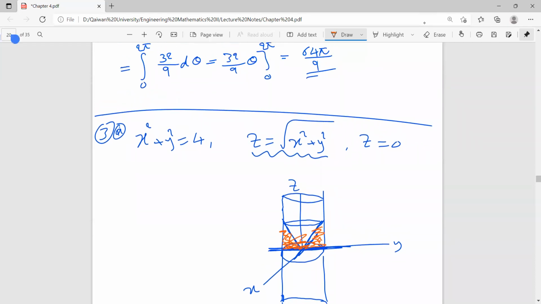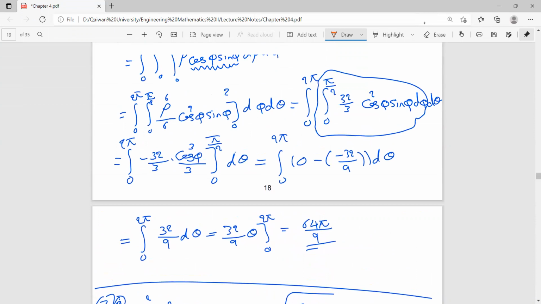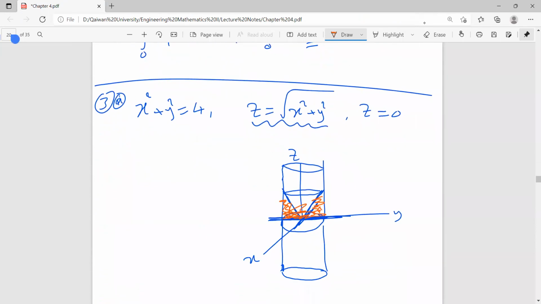Here we say the limits for rho, phi, and theta, we should find them all. Let's find them all.